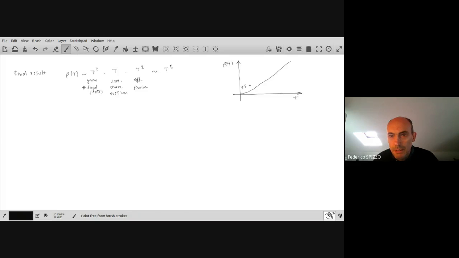So here we have a T to the 5, and here we have a T dependence, so high temperature limit and low temperature limit.